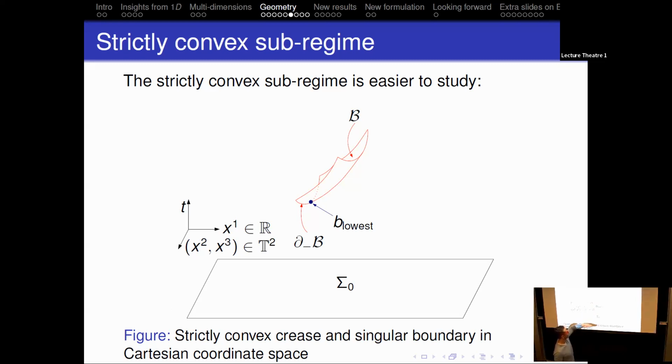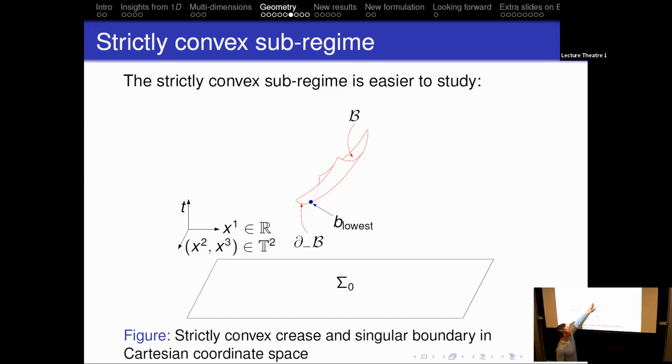And then if you tilt those flat sigma t's a little bit, in such a way that they remain space-like, and you do the analysis relative to that slightly tilted foliation, then you can touch another point on the crease, and so on and so forth.